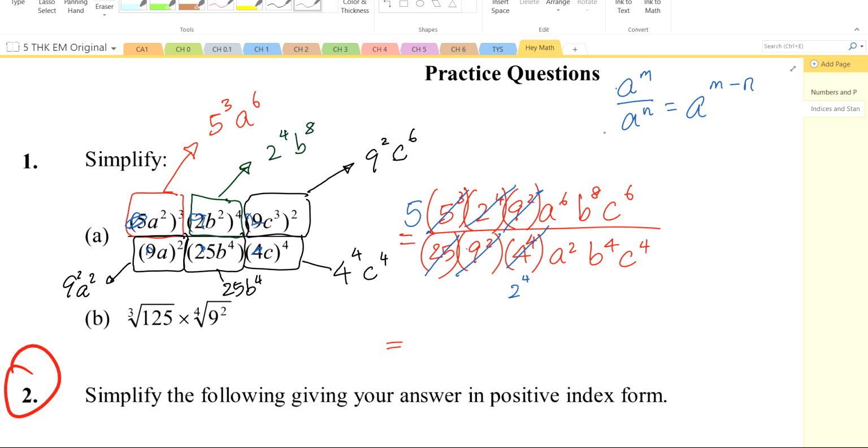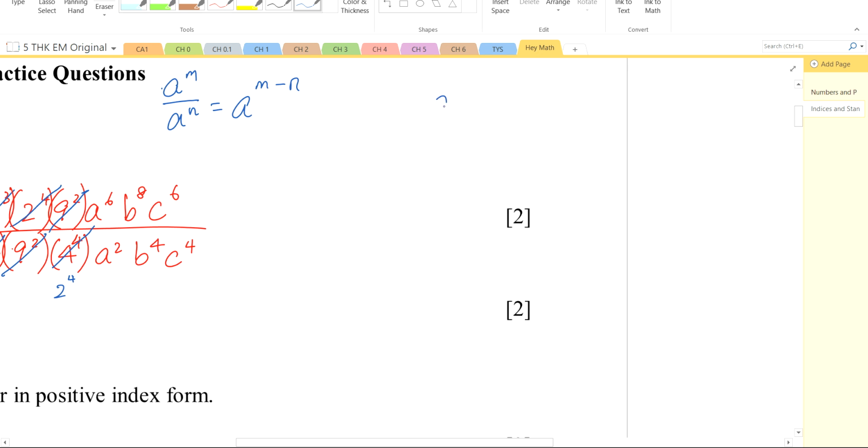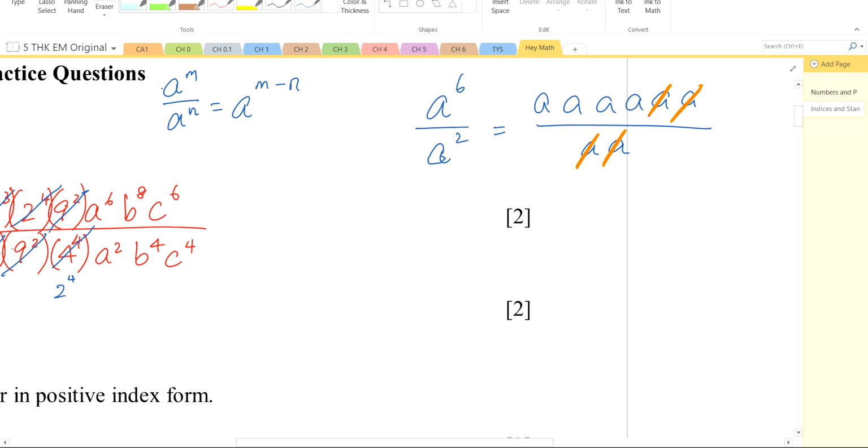See, in this case, I've got a to the power 6 divided by a to the power 2, right? So what this means is that I got a, 2, 3, 4, 5, 6 divided by a times a. Then cancel lah. Cancel, cancel, cancel, cancel. Left how many? Equals to a to the power 4. Hey, where did the 4 come from? It was 6 minus 2. Am I right? Now that's the reason why that formula exists.